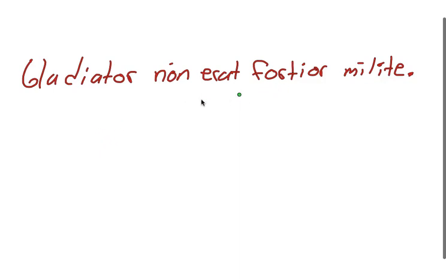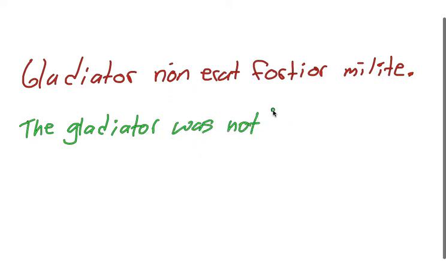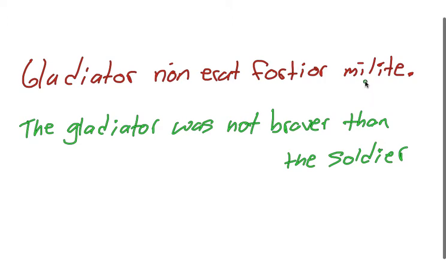We have a comparative adjective, so when we translate this, the gladiator non erat, was not braver or stronger than the soldier. Okay, so milite is our ablative of comparison. Right, it's in the ablative case, and it's following a comparative adjective.